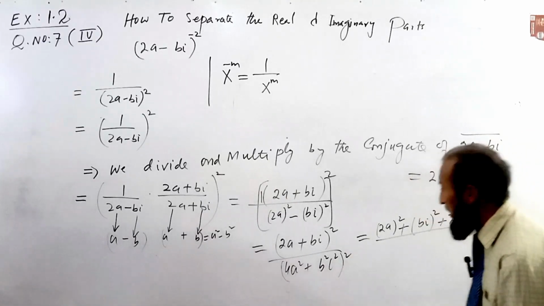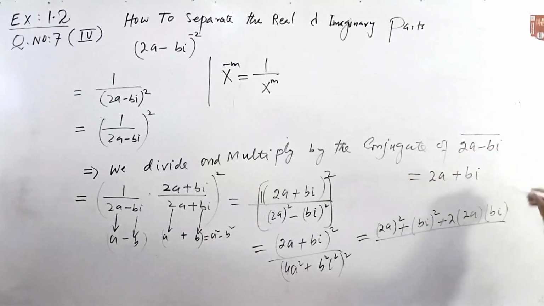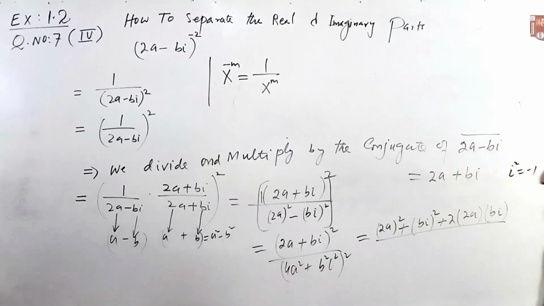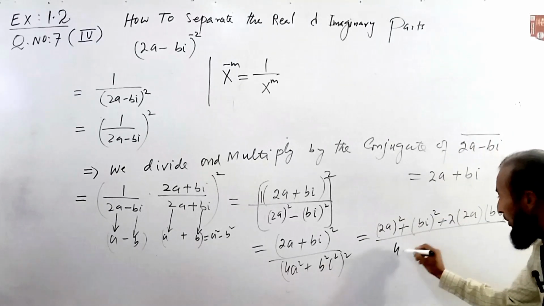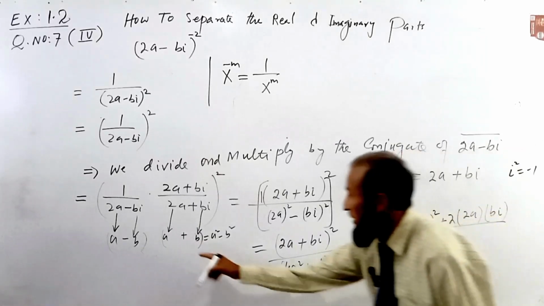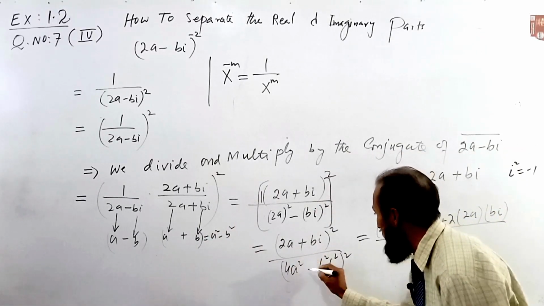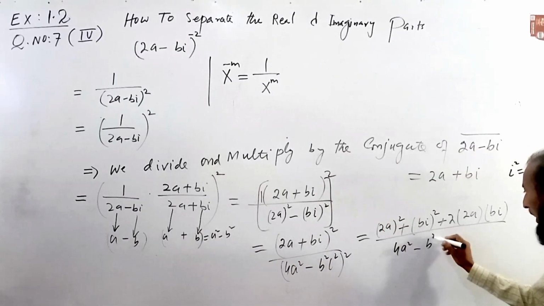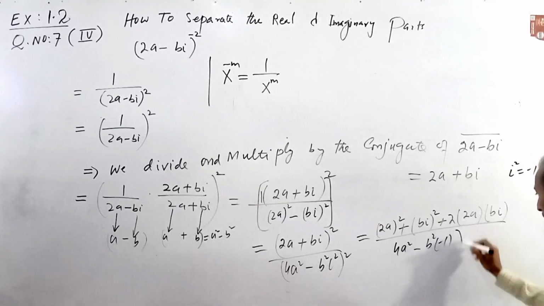Here iota square is equal to minus 1, as we know that iota square is equal to minus 1. Here we substitute minus 1 in place of iota square, and we get 4a square plus b square, whole square.